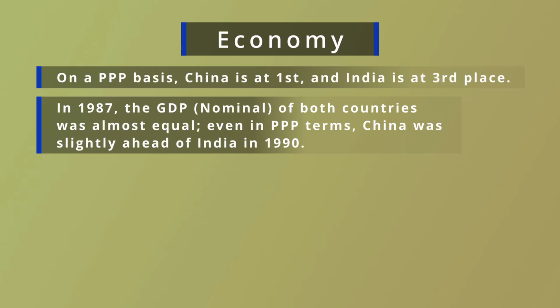And in 1987, both the countries had quite a similar value of nominal GDP, which was $279 billion. But after that, there is a huge disparity in respect of nominal GDP. During recent years, the nominal GDP of China that I have mentioned earlier is 14,723 billion.